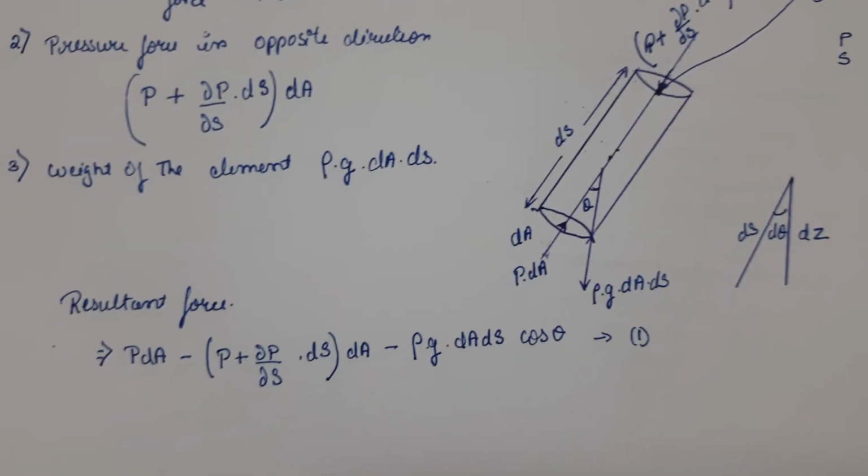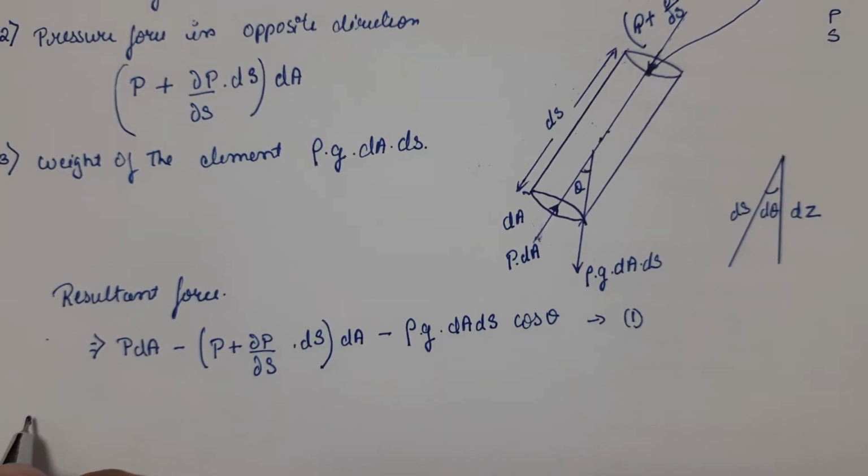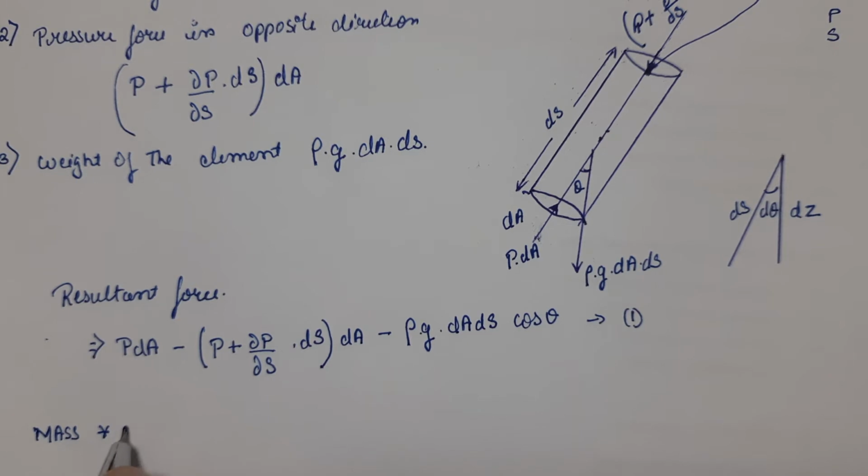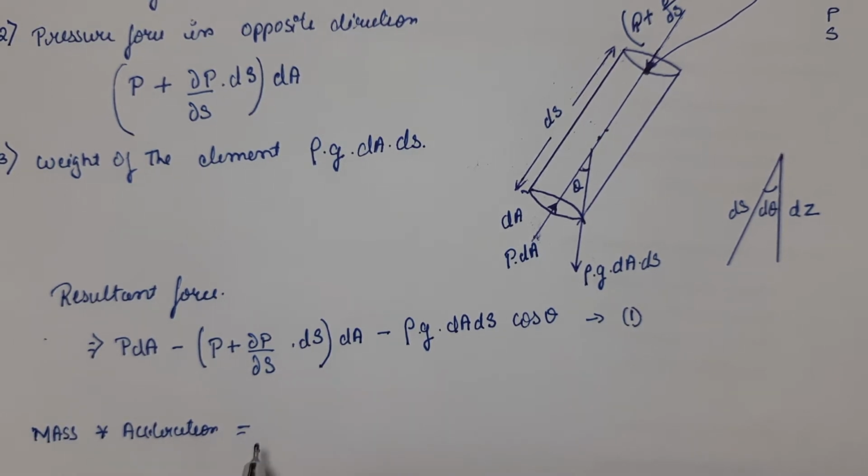Now next, mass into acceleration. Mass into acceleration will be rho ds dA into a_s.